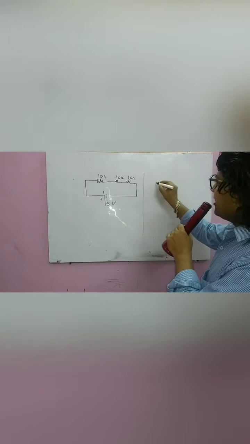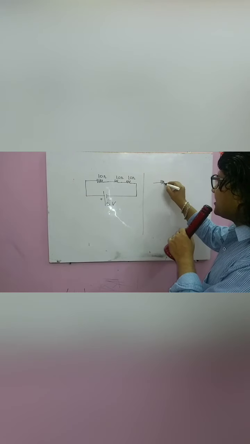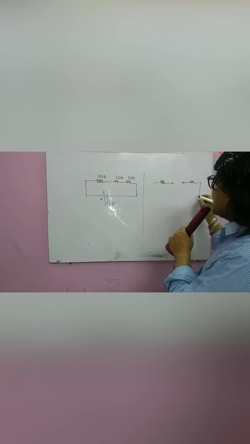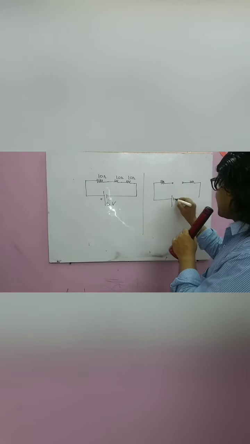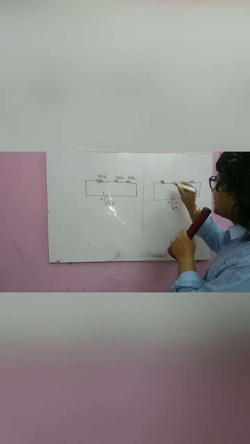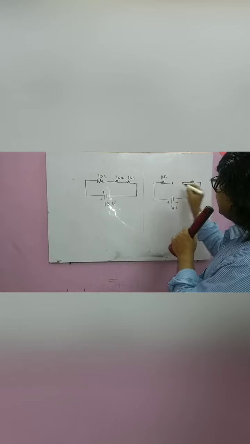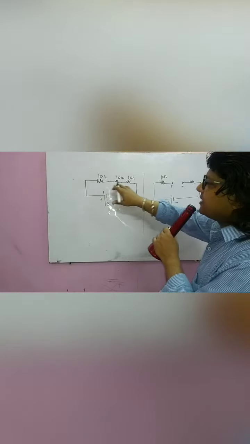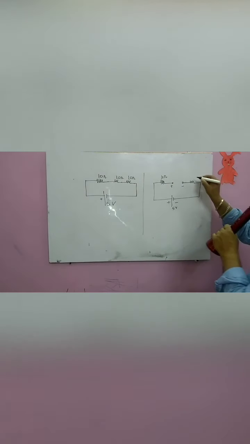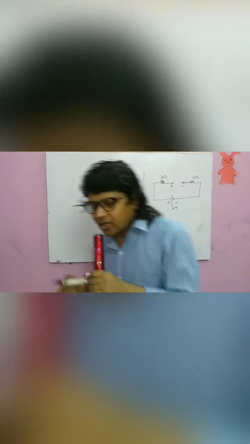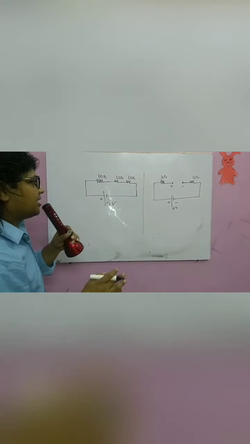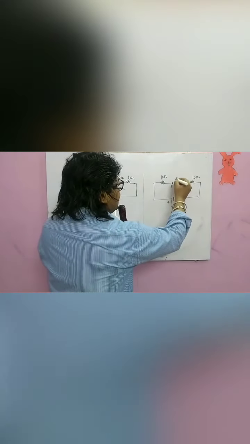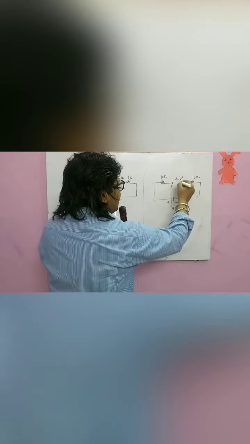And second thing, if one of the resistors, so let us assume this is plus and this is minus, and this is 10 ohm and this was removed, any one of the resistors removed from the circuit, then we were asked what is the voltage across this terminal.